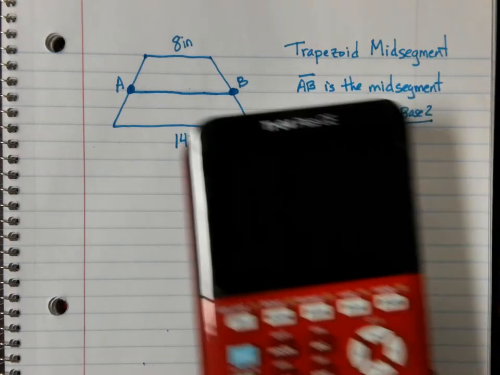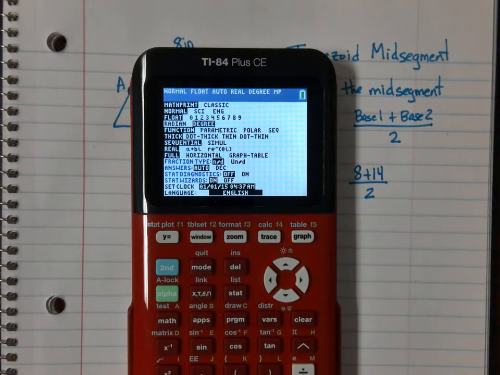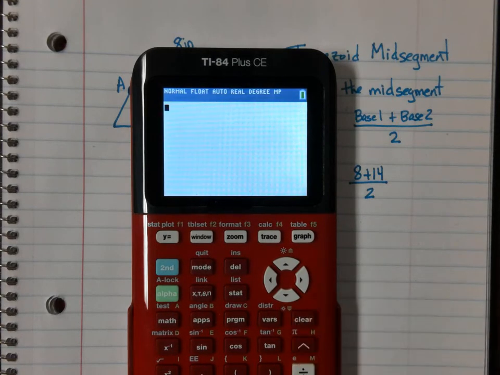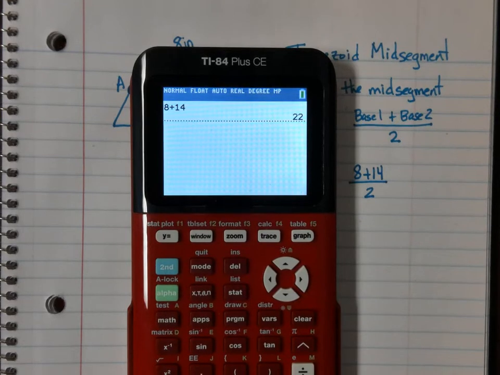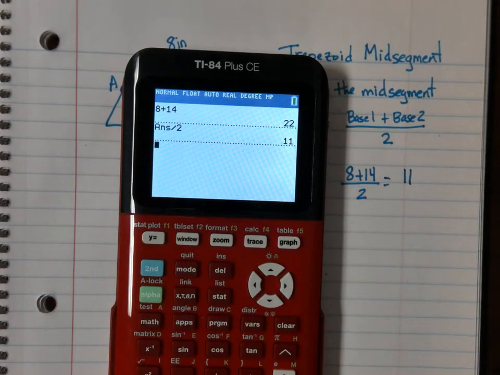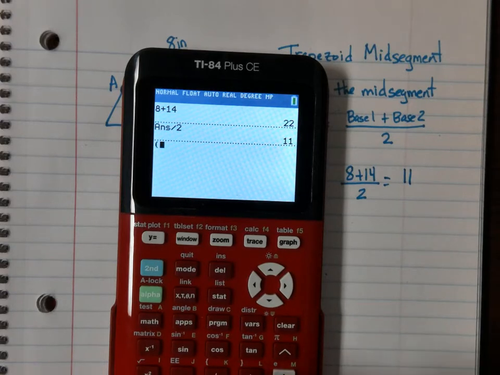So I take my calculator, and I do 8 plus 14, enter, and then divide by 2, and I get 11. Or on my calculator, I could do parentheses, 8 plus 14, close your parentheses, divided by 2, and I get 11.